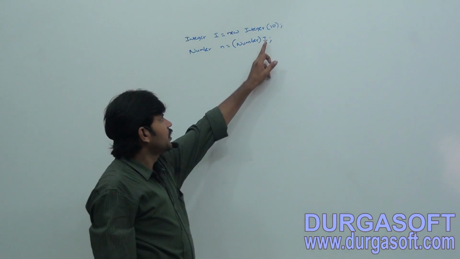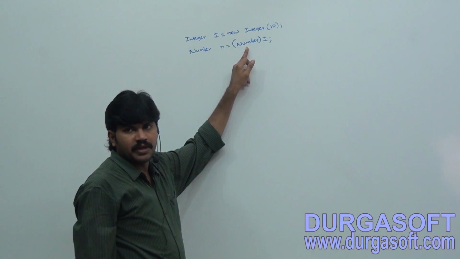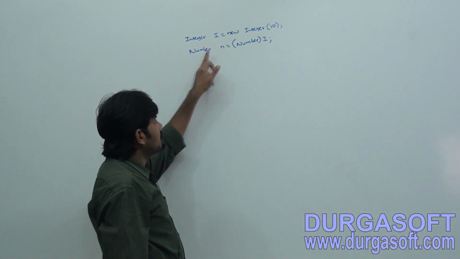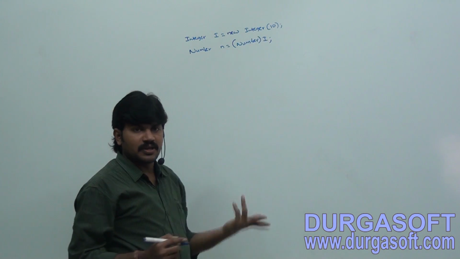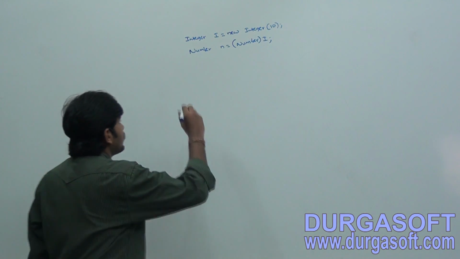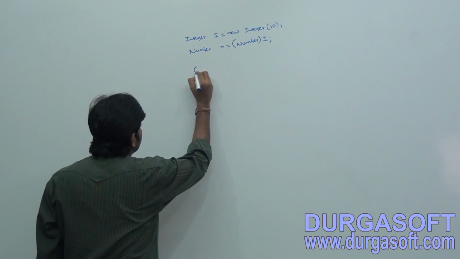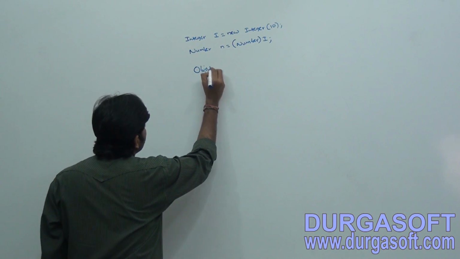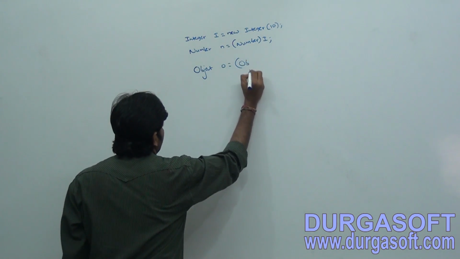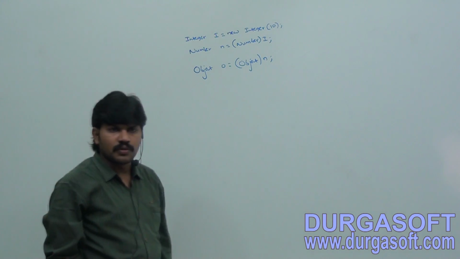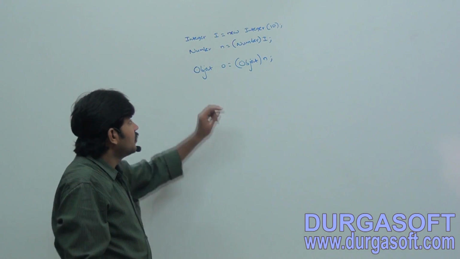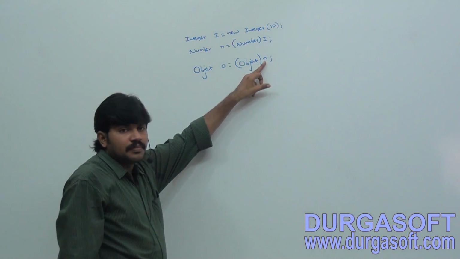You can cross check. Integer, Number: parent to child. Number same. The internal object of i, Integer, is the child of Number only. Valid typecasting. Next, Object o = (Object) n; Sir, here n is what type?